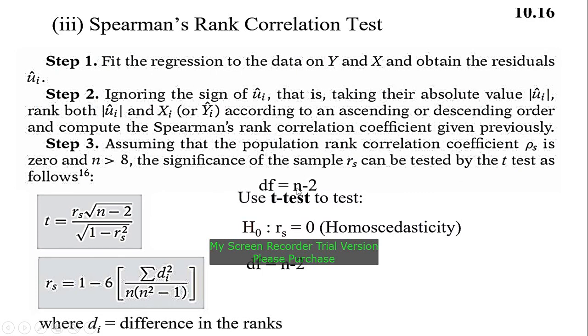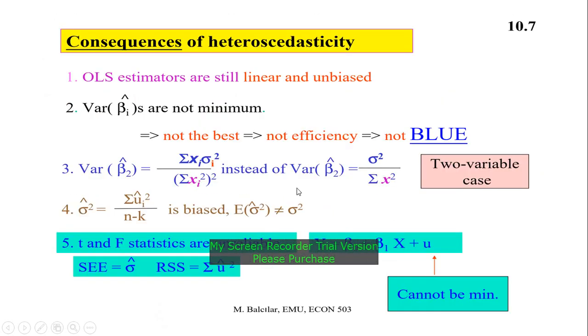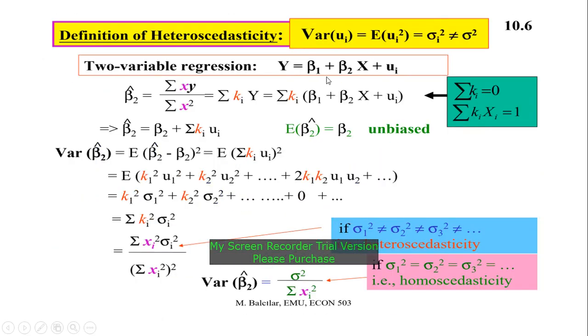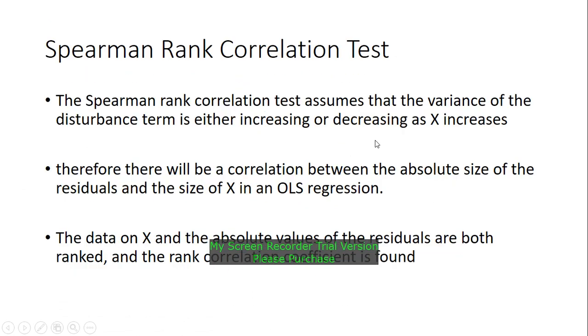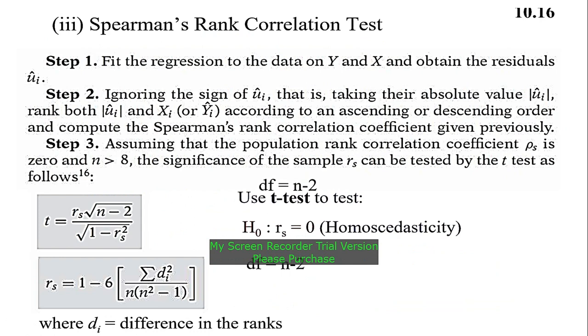With our model given earlier, we have two parameters, beta 1 and beta 2, so we have a degree of freedom of n minus 2. Where we have more than two parameters, say three parameters, it will be n minus 3, and so forth.